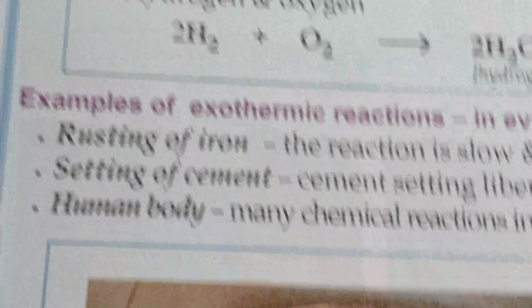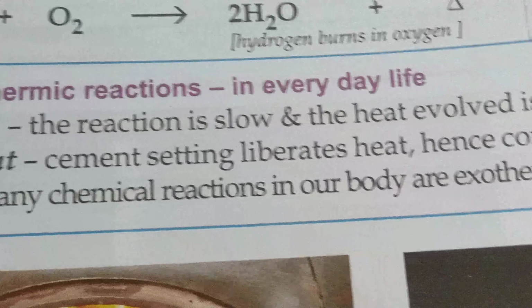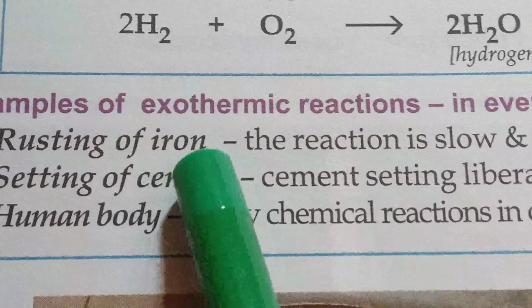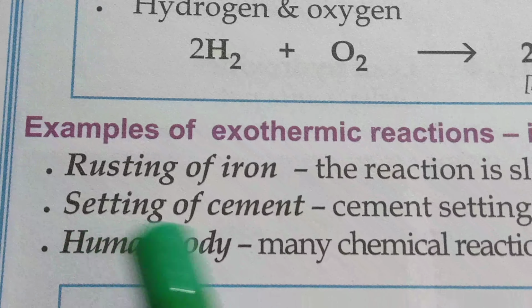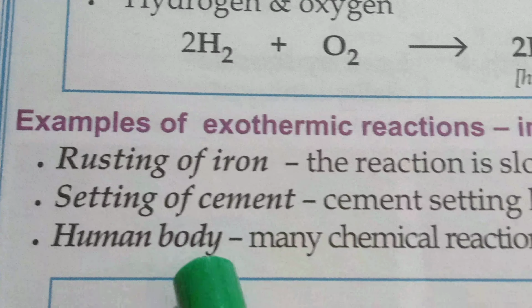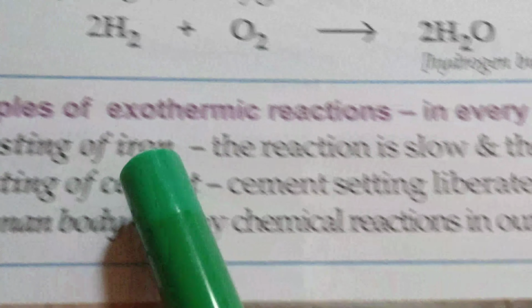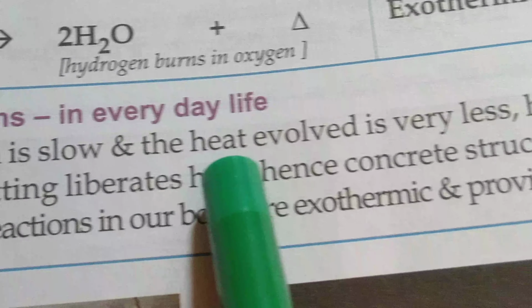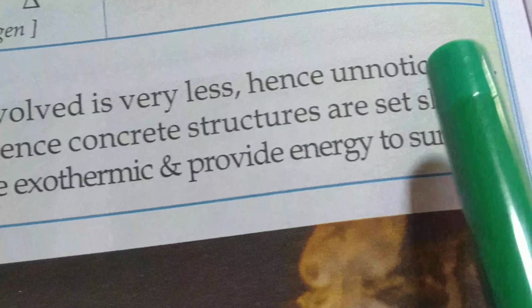Next, examples of exothermic reaction in everyday life: rusting of iron, setting of cement, and the human body. Rusting of iron: the reaction is slow and the heat evolved is very little, hence unnoticeable.